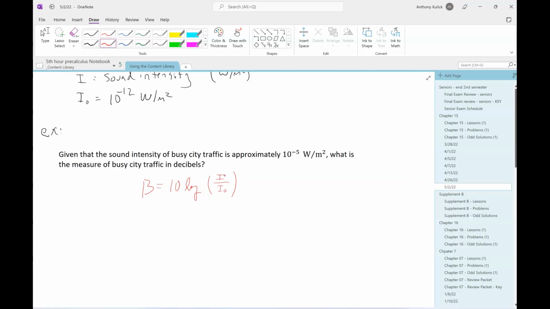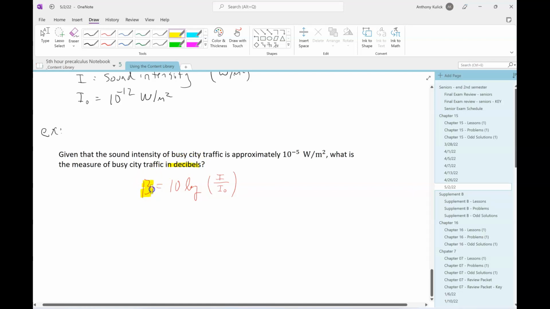Which are we solving for, beta or I, in the question? What is it asking for? Since it's asking for the measure in decibels, we're looking for beta. Very good. So we just have to fill in one or two things.